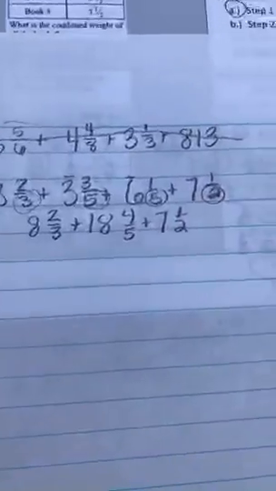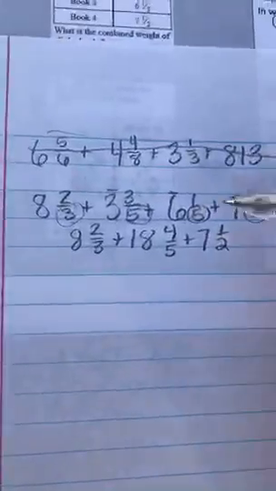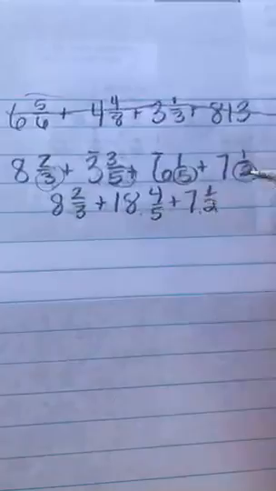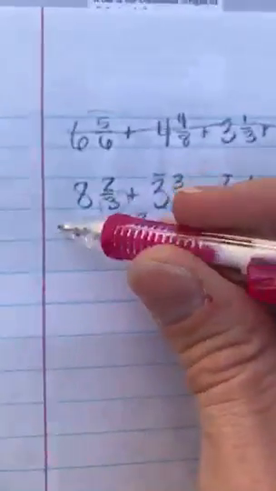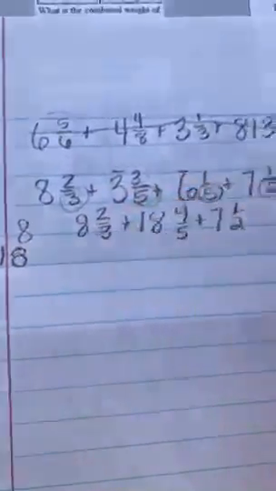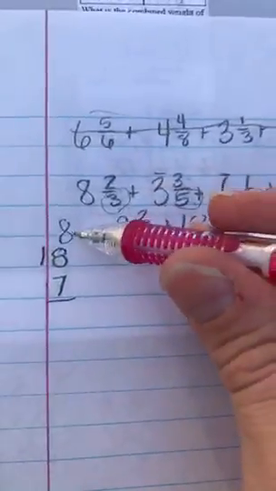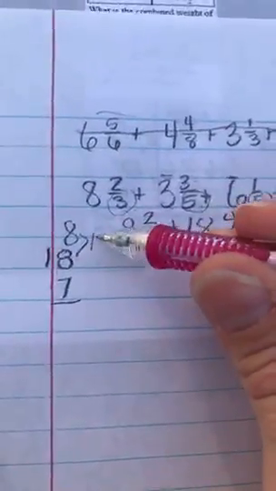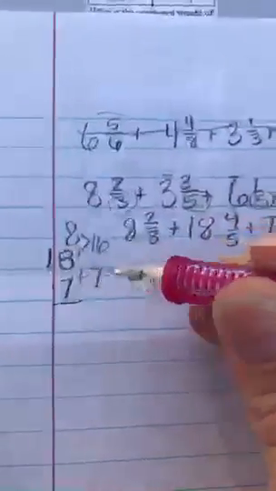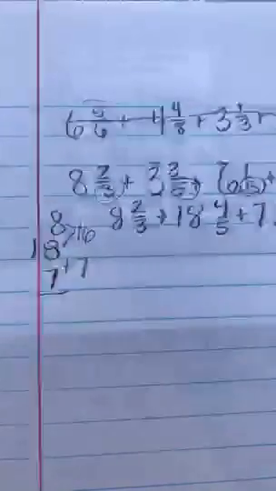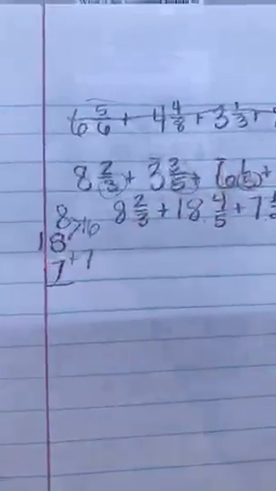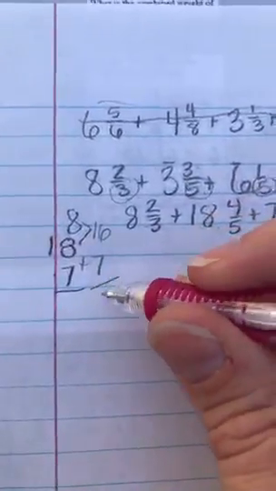So what I'm going to do now to make sure that I don't forget those whole numbers is go ahead and add those whole numbers together now. I've got 8, 18, and 7. So let's see, 8 plus 18 is 16, plus the 7 more. 16 plus 7 is going to give me 20.